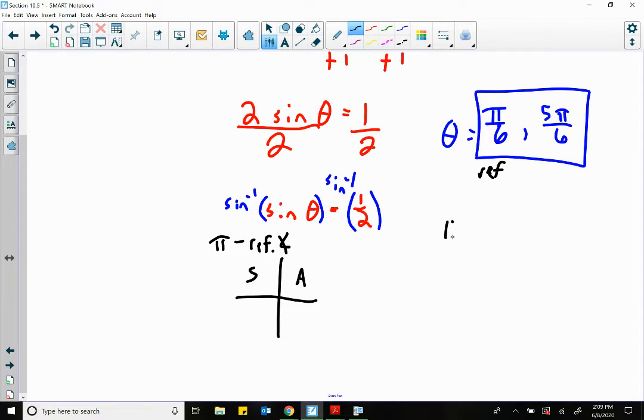So pi minus pi over 6 gives you 5 pi over 6. That's where the second angle came from.